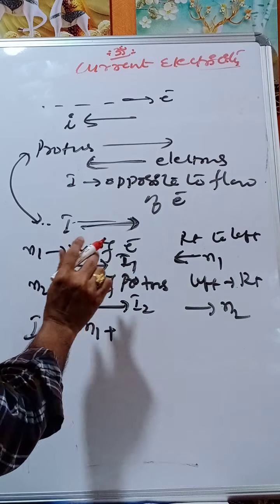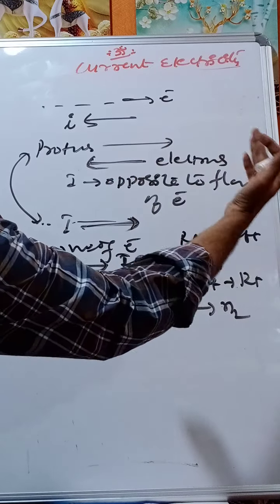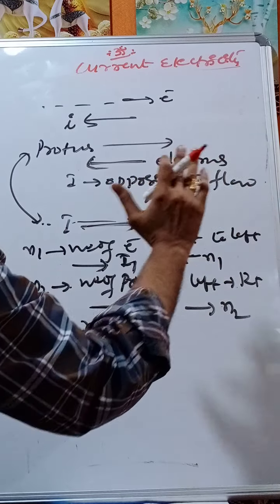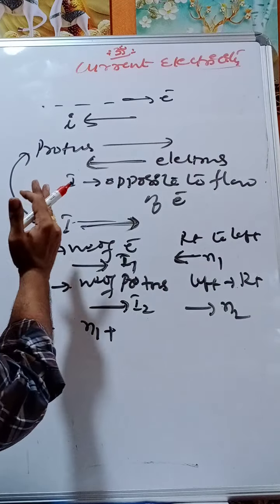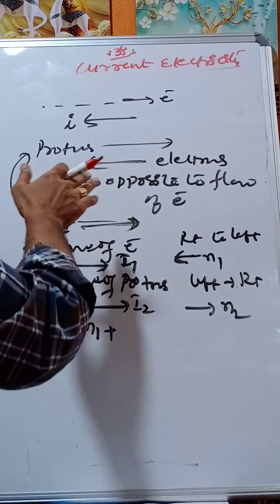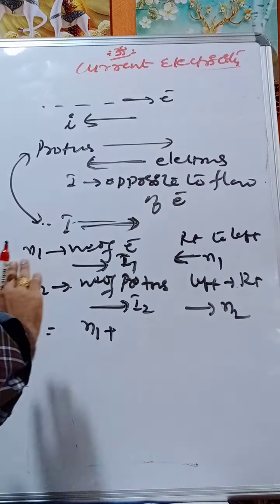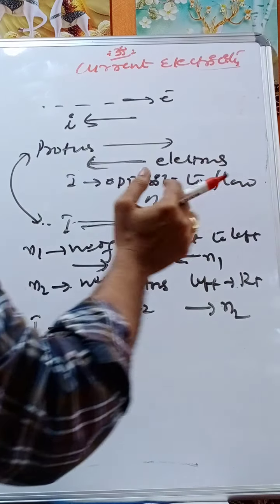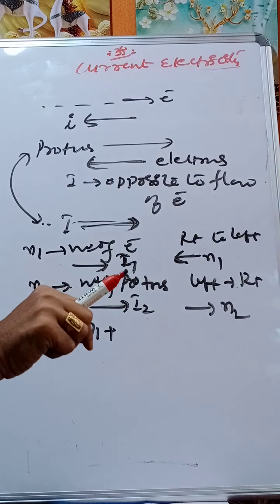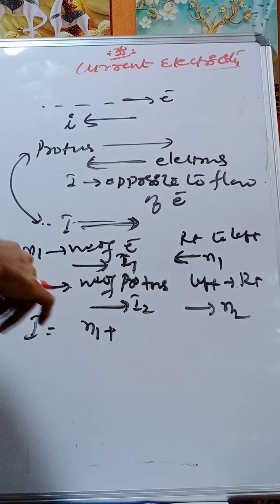Electrons are flowing from right to left. Therefore, current will be in the direction of left to right. Protons are moving from left to right. Therefore, the direction of current due to the protons is from left to right, and due to electrons the direction of current is also from left to right.